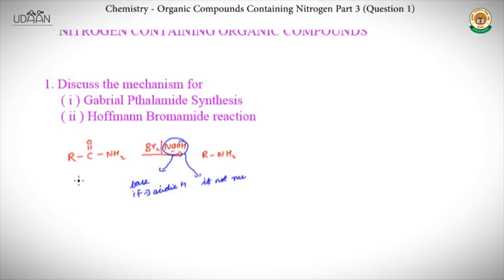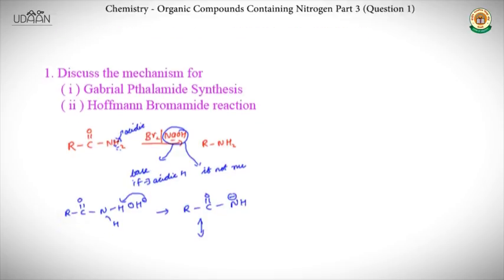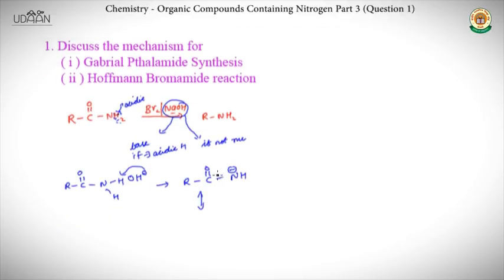Now, as you can see here, this hydrogen is acidic because if, say, this OH minus takes this hydrogen, you are going to get R C double bond O NH minus, and carefully observe that this is in resonance with this C double bond O. That is, one of the possible resonating structures is O minus double bond C NH.